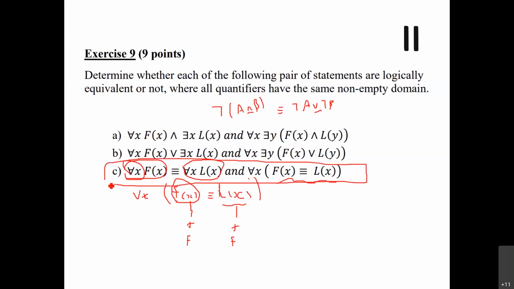So is the left part, this whole thing, equal to this whole thing? But you're saying that the first one is false. Can you find an example which makes the whole first one true, and makes this whole thing false?